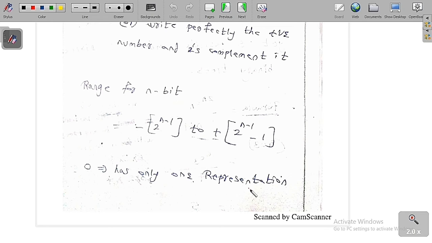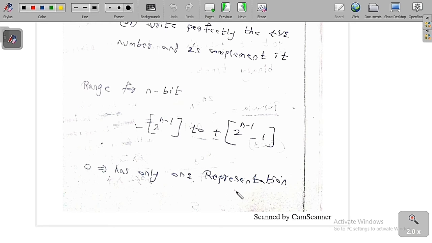So finally let me give you some important formulas again for bit conclusion. For n bit unsigned, the range of the decimal integers is from 0 to 2 to the power of n minus 1. For the n bit signed magnitude format, the range of decimal integers is from minus 2 to the power of n minus 1 to plus 2 to the power of n minus 1 minus 1.